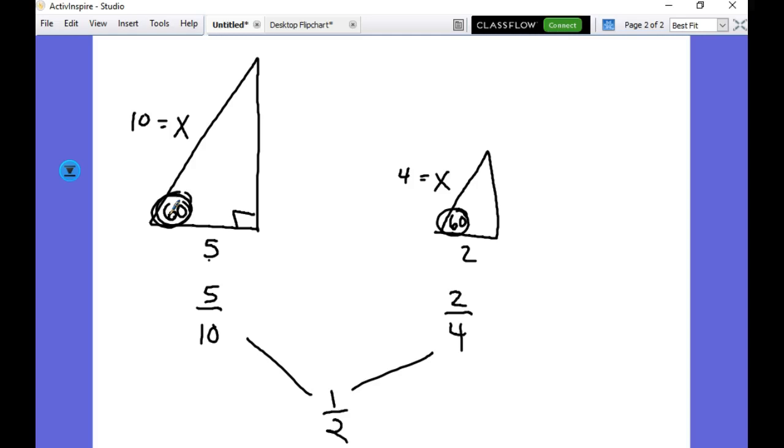What? 0.5, right? And isn't that 1/2? All right, so your calculator knows the special right triangles. Your calculator knows that if this angle is 60, then this side over this side has to make a 1/2. It knows that. Yeah, what's up?